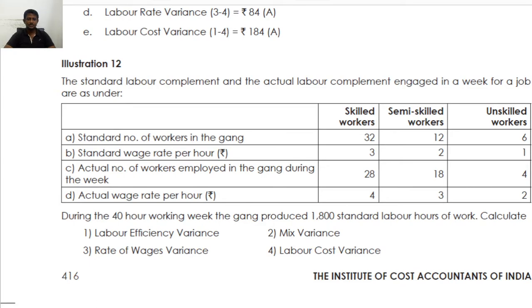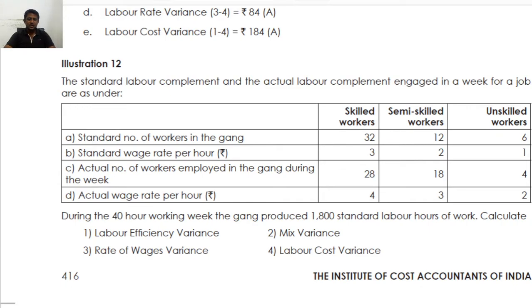Standard number of workers in the gang: skilled 32, semi-skilled 12, unskilled 6. Standard wage rate per hour is given: 3 rupees, 2 rupees, and 1 rupee.